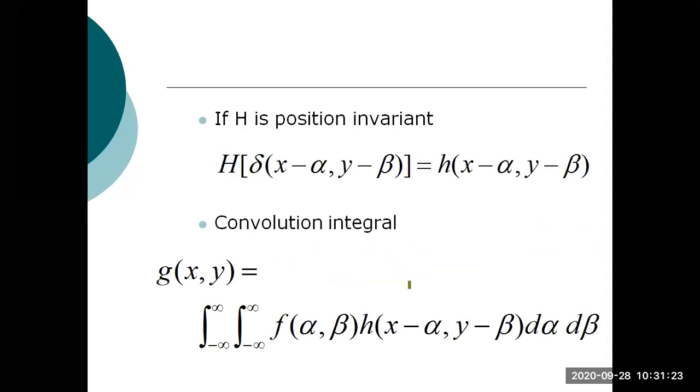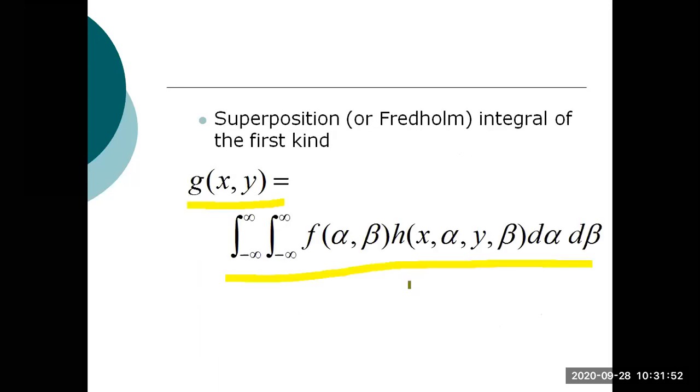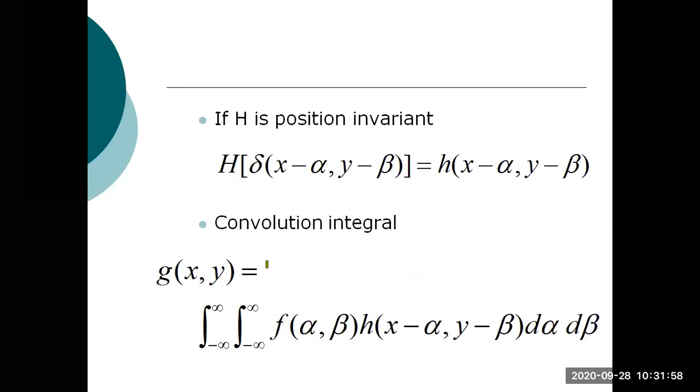Now consider if h is position invariant. This is superposition, and we consider h as position invariant. Then this h of x comma alpha comma y comma beta is replaced with a convolution.